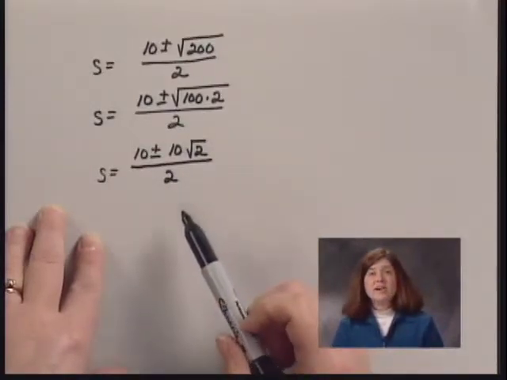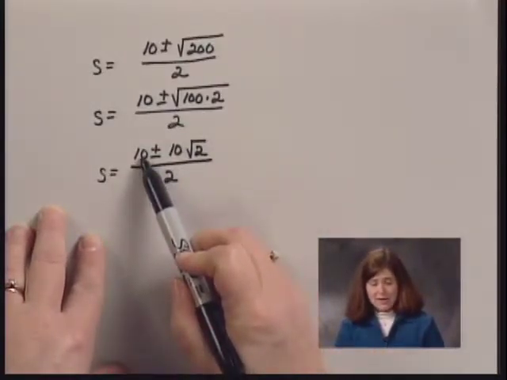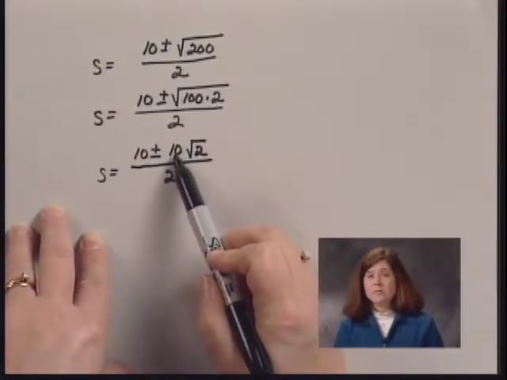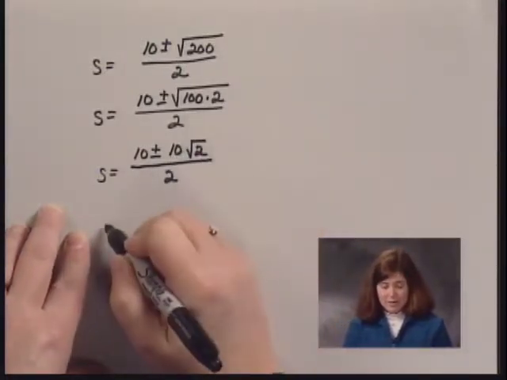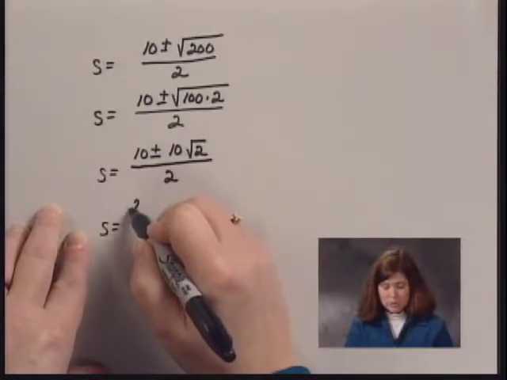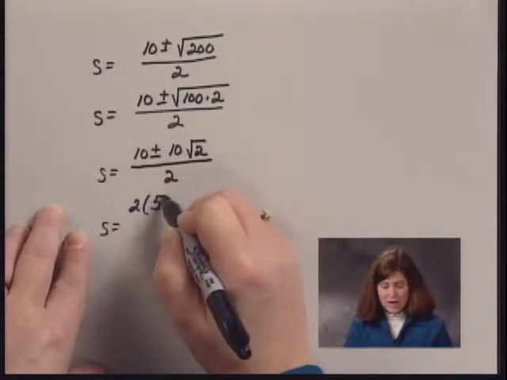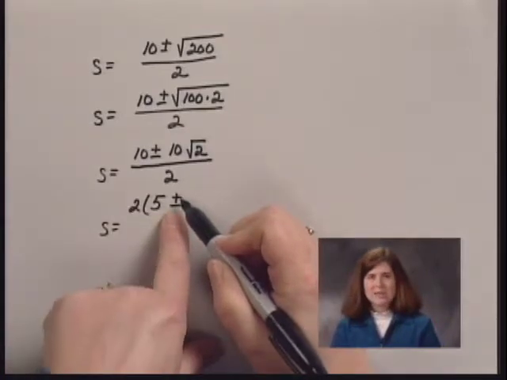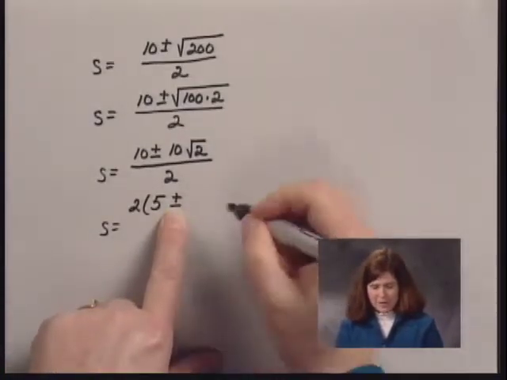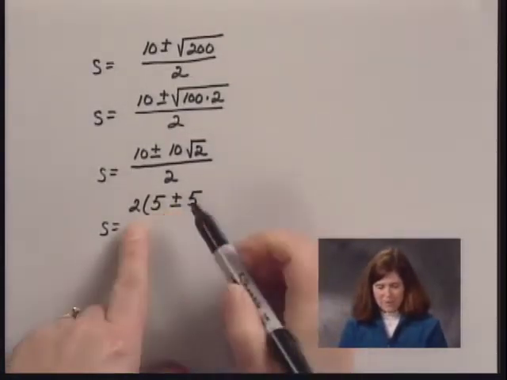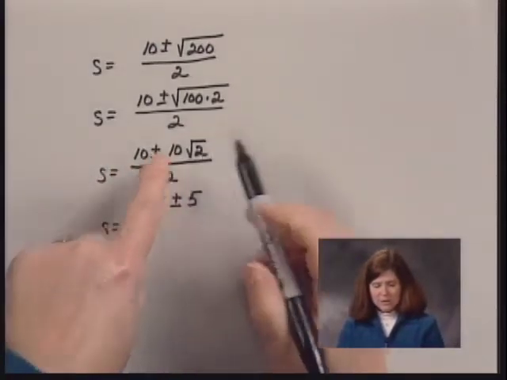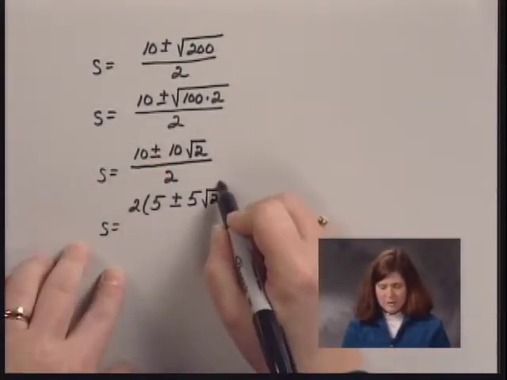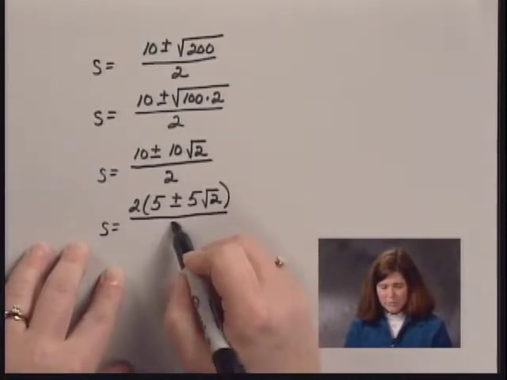Now since I can factor a 2 out of both the 10 here and the 10 here, I will be able to simplify again. I can write that as 2 times 5 plus or minus, and here the plus or minus sign works just like a plus sign or a minus sign would. 5, I factored a 2 out of this term and out of this term, and all that's divided by 2.